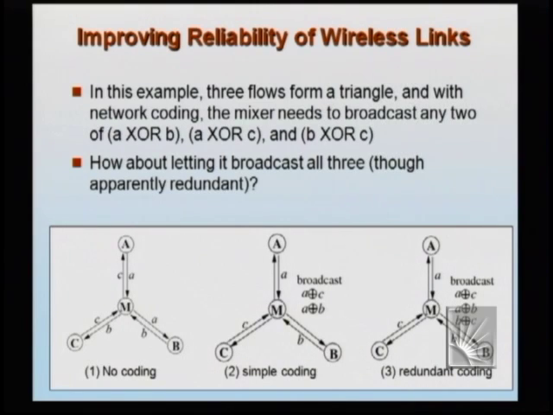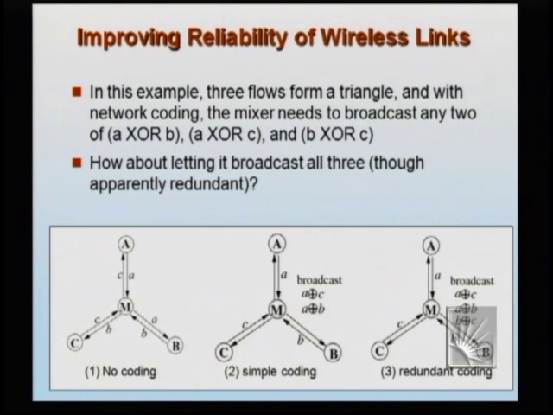In this example, we have 3 flows. They form a triangle. So we have 3 receivers, A, B, and C. Actually, each of them is also a sender. A sends packet A to B, B sends packet B to C, and C sends packet C to A. So it's a triangle.